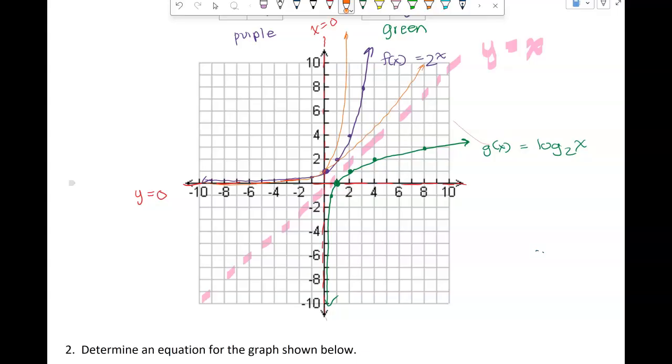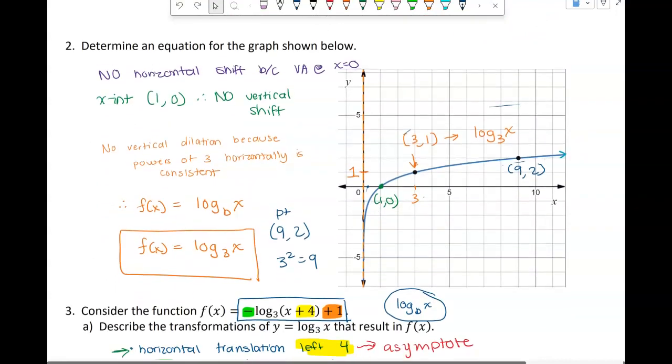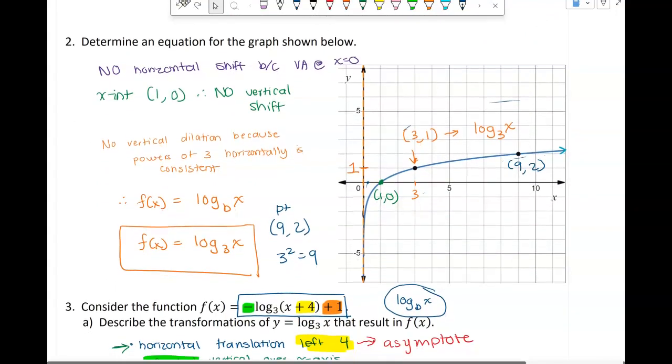But that point of the y-intercept would stay there, and so similarly, a logarithmic graph, if it was to have a vertical dilation, it would still be here, but then it would curve farther away. So what do we have to look at then?